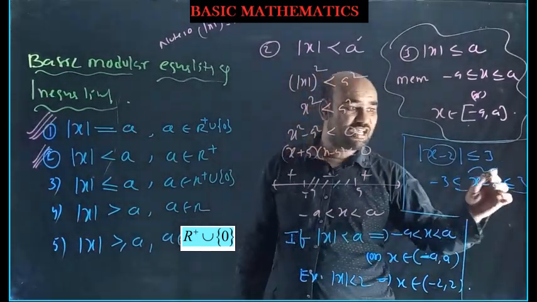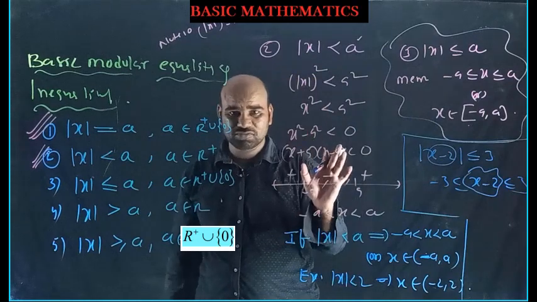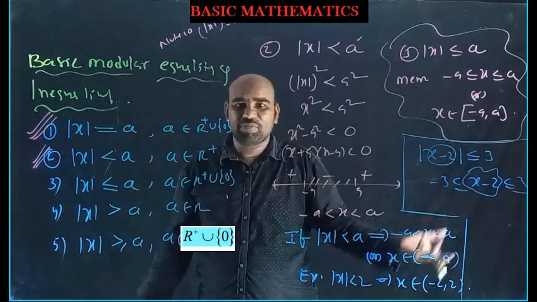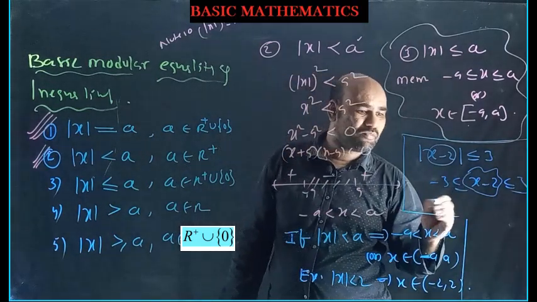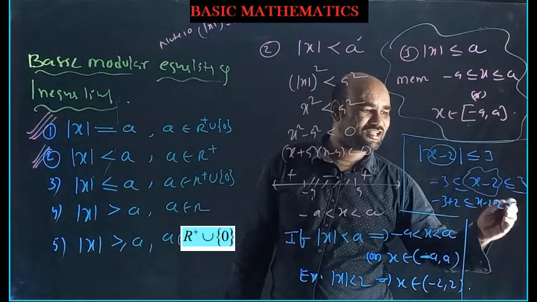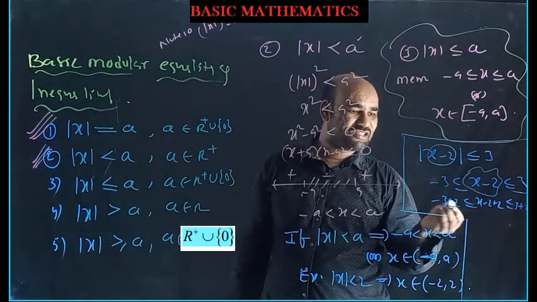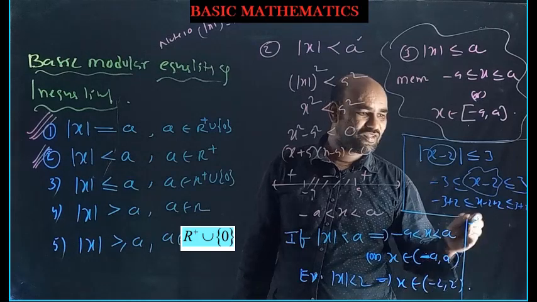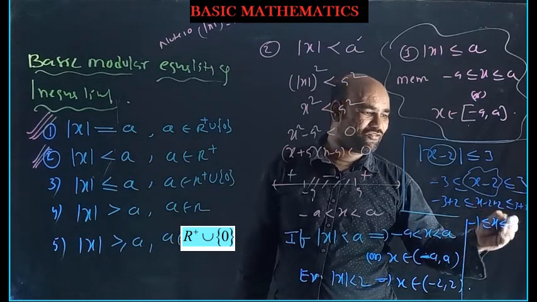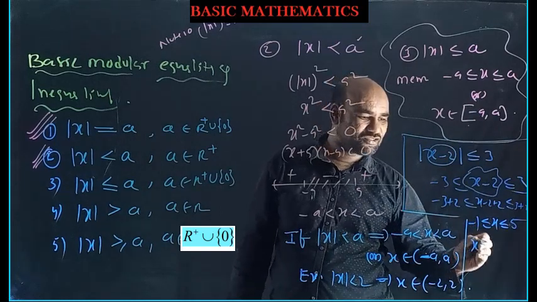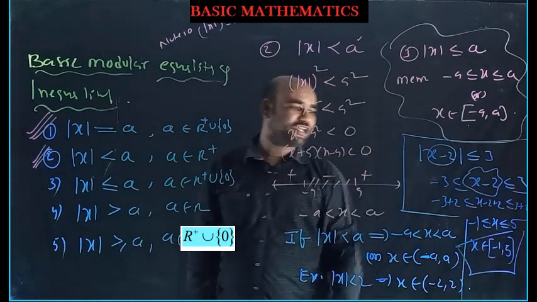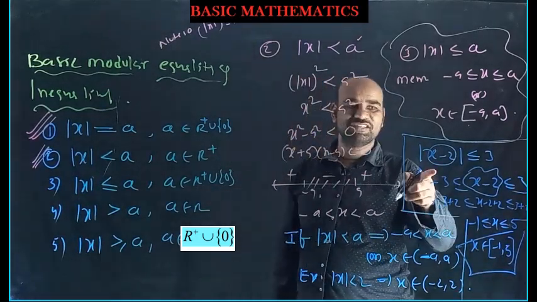But here you want x, we don't want x minus 2. Adding 2 on all the sides, nothing happens to the inequality. Minus 3 plus 2 lesser than or equal to x minus 2 plus 2 lesser than or equal to 3 plus 2. Minus 3 plus 2 is minus 1, the 2 gets cancelled, x lesser than or equal to 5. What is the meaning? X belongs to closed interval minus 1 to 5. Take any value of x between minus 1 and 5, which satisfies this equation.